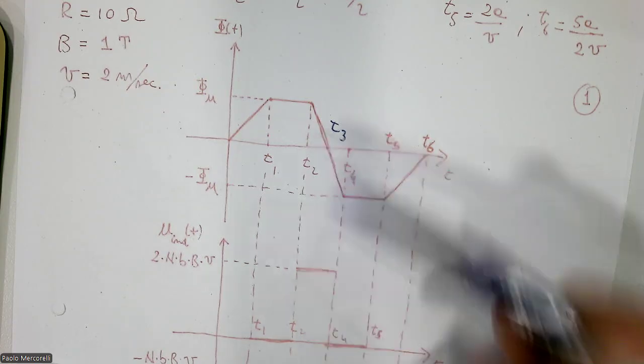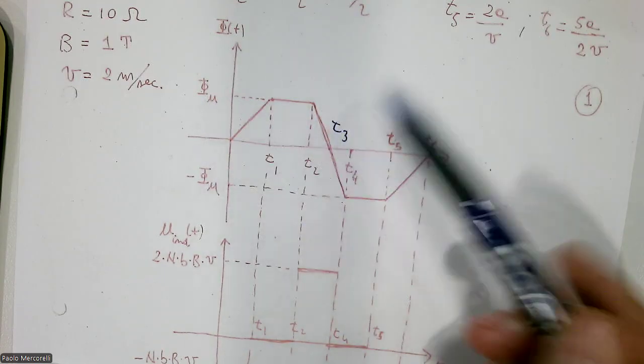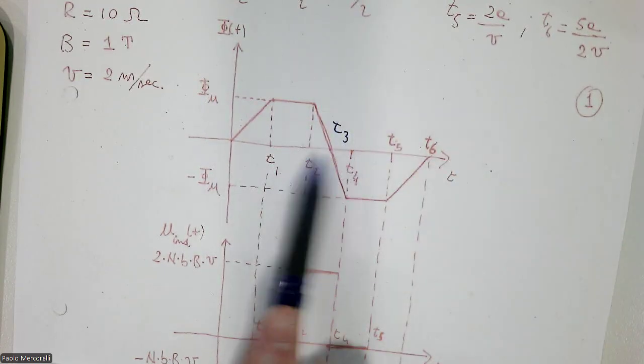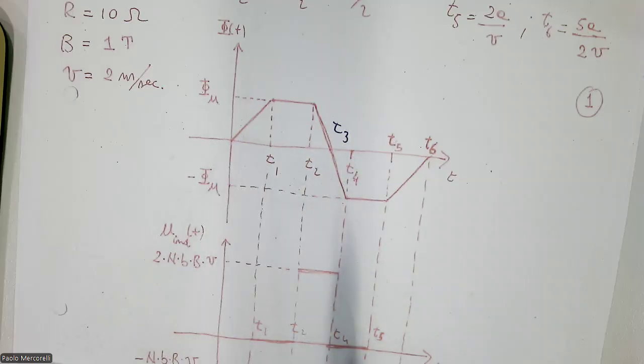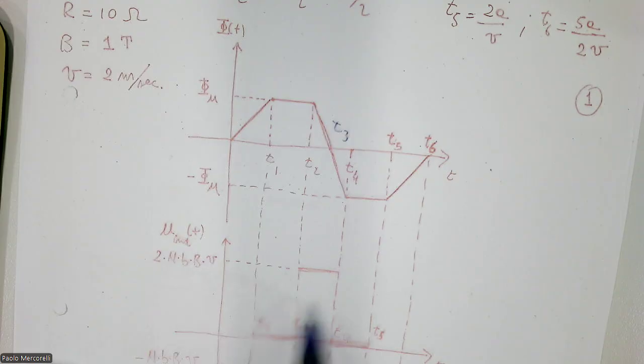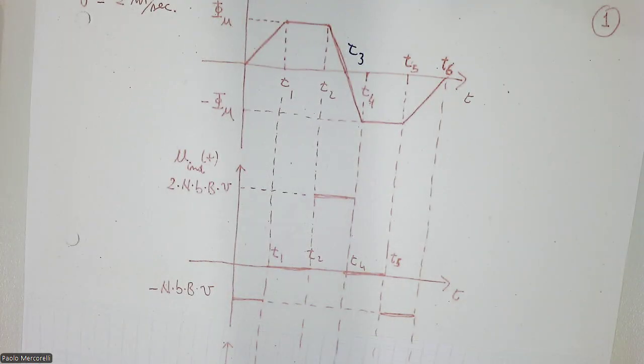What is the derivative of this slope? This here, as before, this is twice this here. But this time, as before, is the same like this one. This means the derivative twice. This means these two here, and this is the graph. Then, current, no problem.